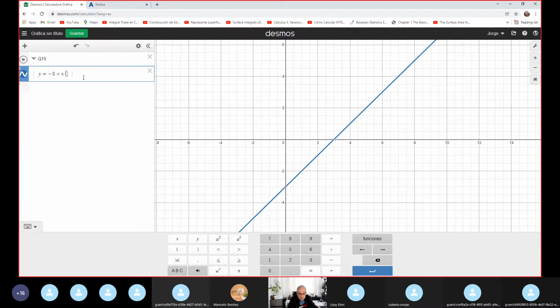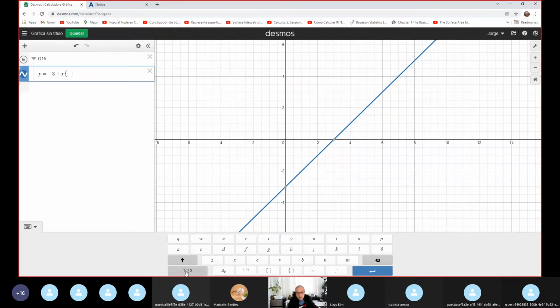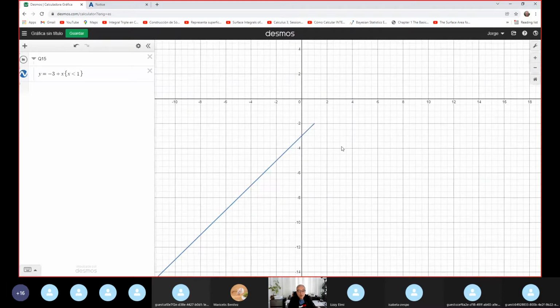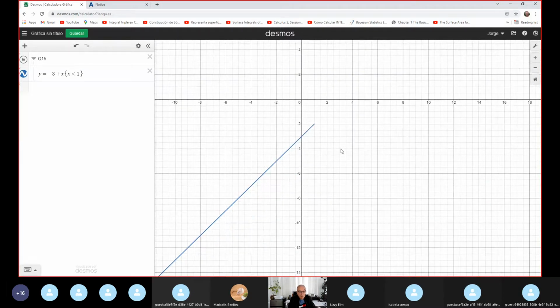I suppose it's possible in the ABC and the specific keyboard for Desmos, but I prefer my keyboard. So you put x less than 1. Now we have a piece of the graph, from negative infinity to 1.